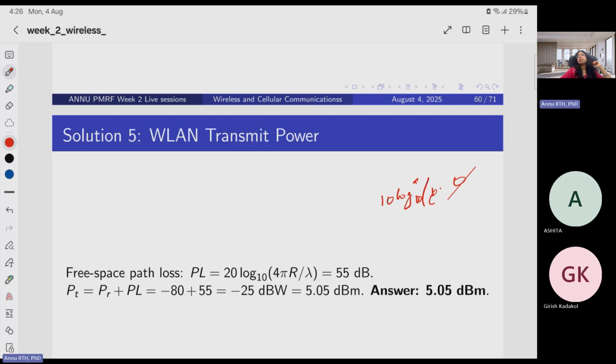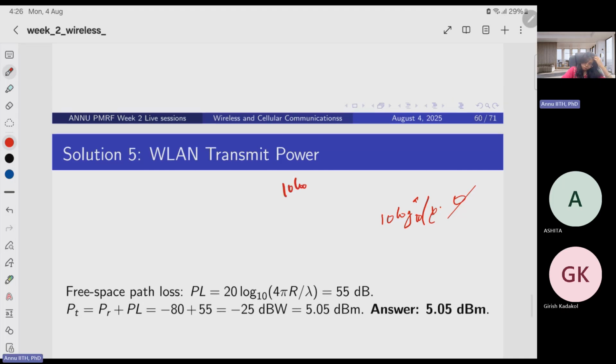E power. Then log T is equal to 0, so 10 power 0. Then log T is equal to 10 power 0. So if an omnidirectional antenna is there, then T is equal to 1.